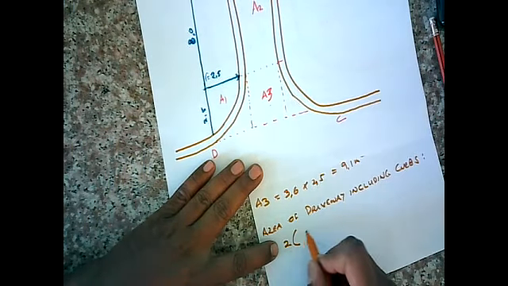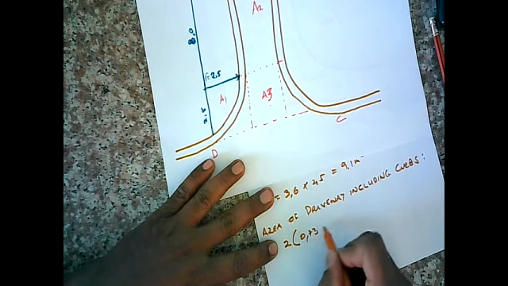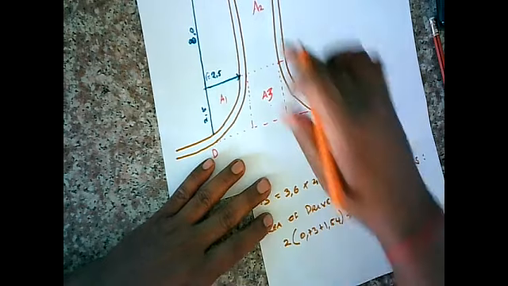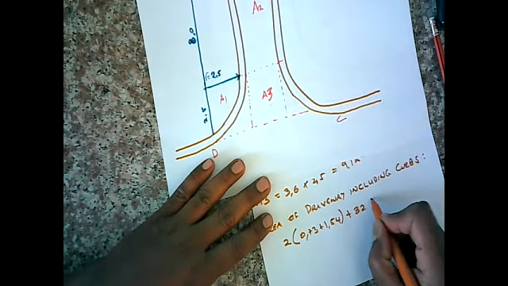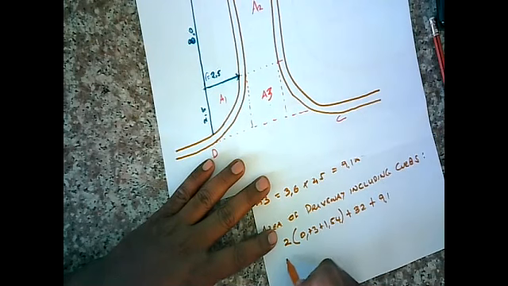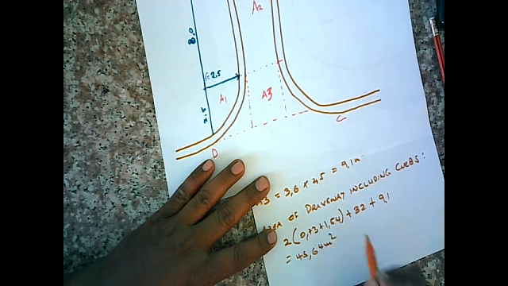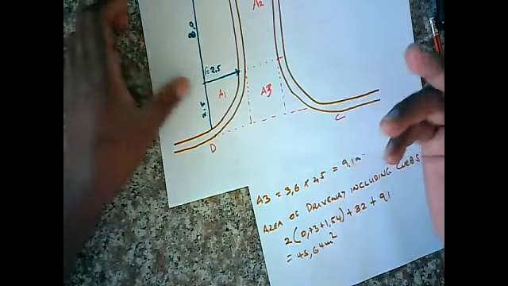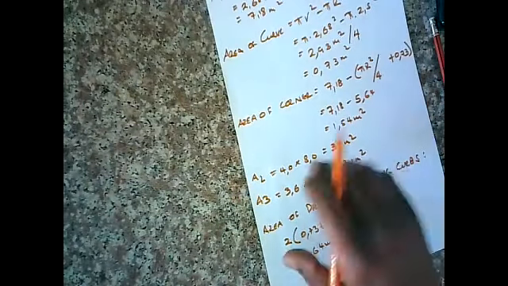That's why times 2, which is 0.73 plus 1.54 plus that 32 plus that A3 9.1, and we get 45.64 meters squared.